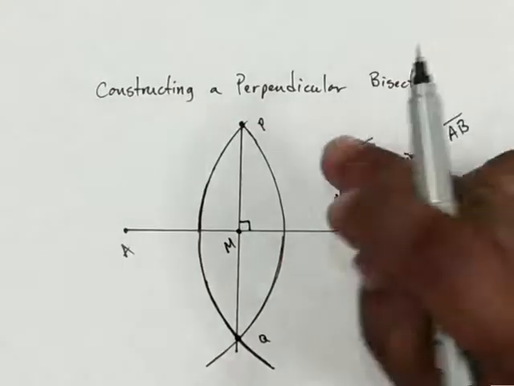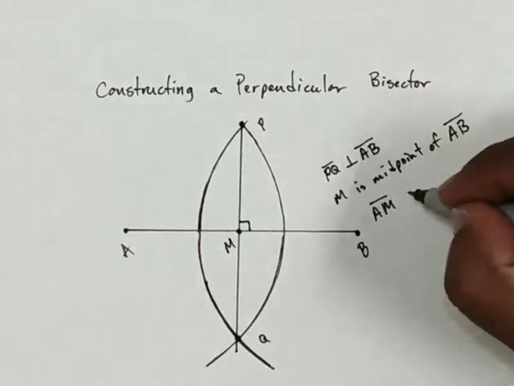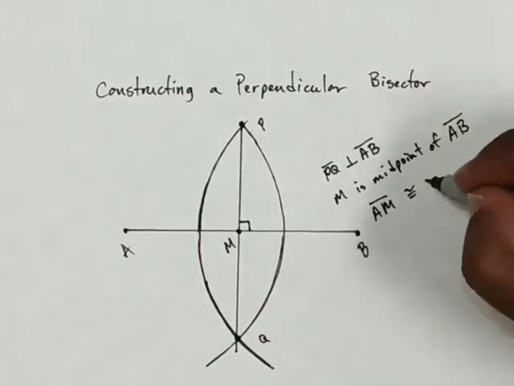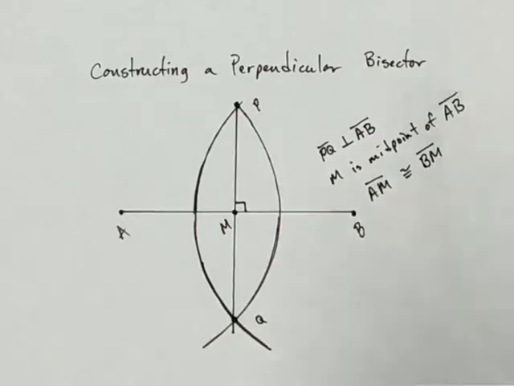And because it's a perpendicular bisector, I also know that segment AM is congruent to segment BM. Right? So that is how you do a construction of a perpendicular bisector, and these are the conclusions you can make when you have a perpendicular bisector.